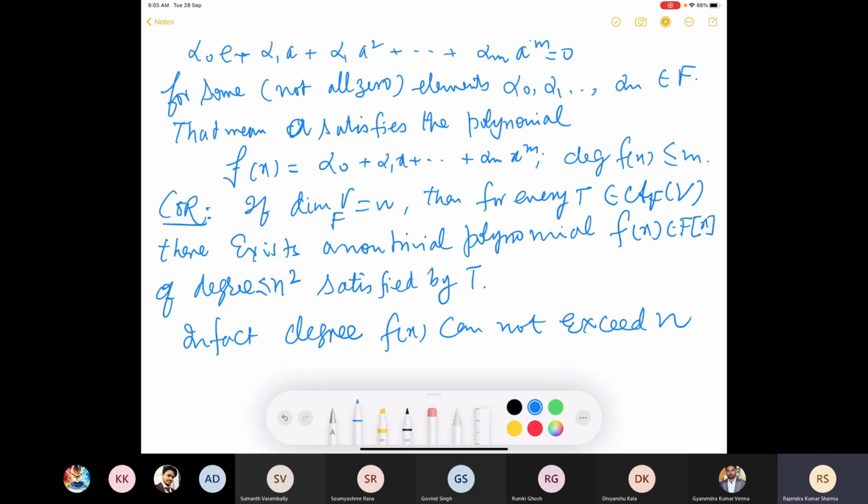Once we prove that, this is called the Cayley-Hamilton theorem. So that would be a much sharper result. However, that it satisfies a polynomial of degree at most n square is established now, and the Cayley-Hamilton theorem will be established later on. So we would like to wind up here.